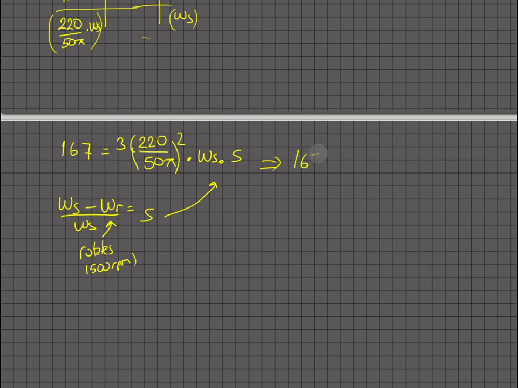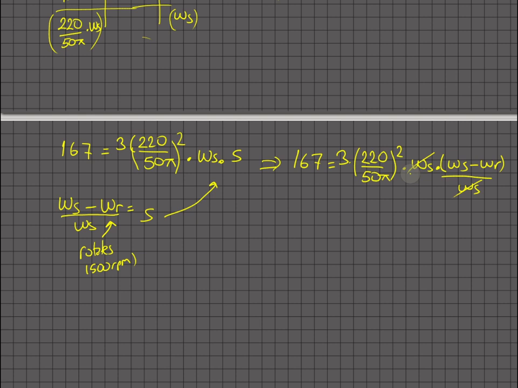Let me write that one again. 3 times 220 divided by 50 pi, squared, times omega s times omega s. Instead of slip, I am writing omega s minus omega r divided by omega s. So that one cancels out, and I can calculate omega r.